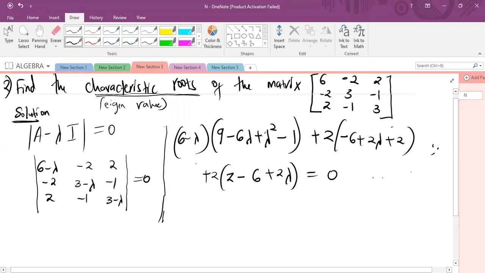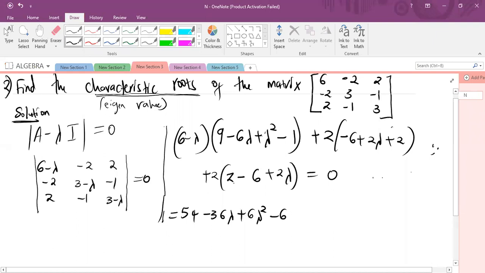Okay, fine. So let's open this up with 6 and then open with minus lambda. So opening up with 6, we will have 6 times 9, that will give us 54, and then minus 36 lambda, plus 6 lambda squared, minus 6.